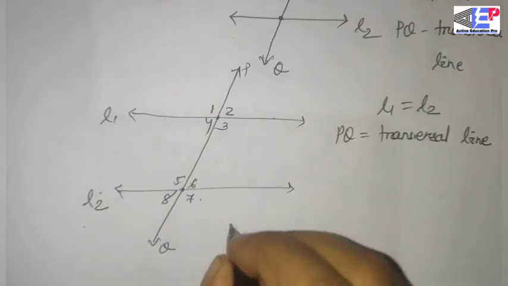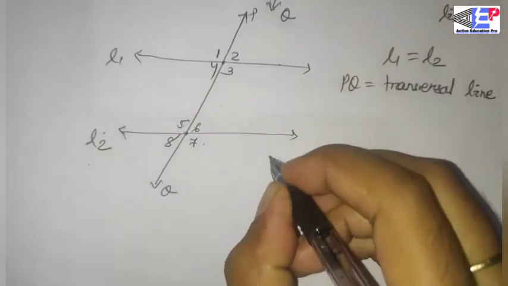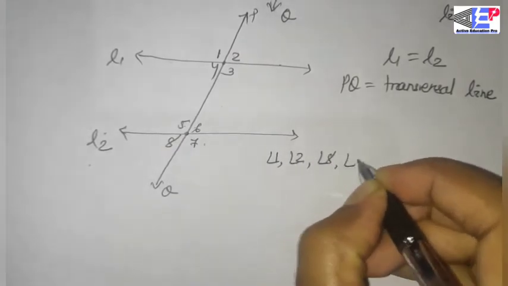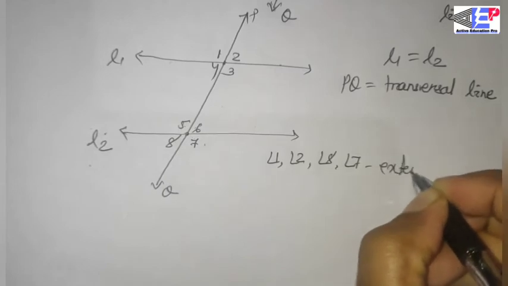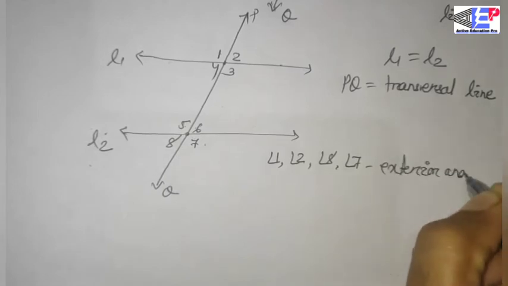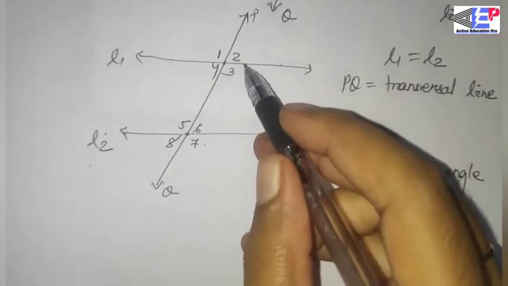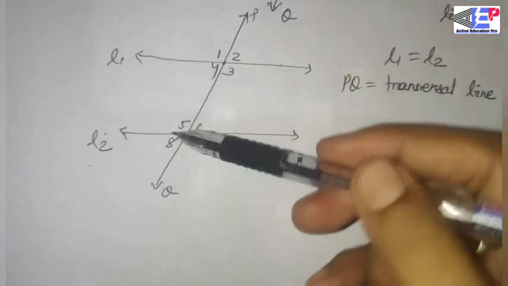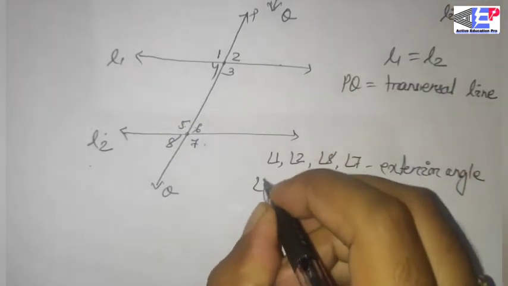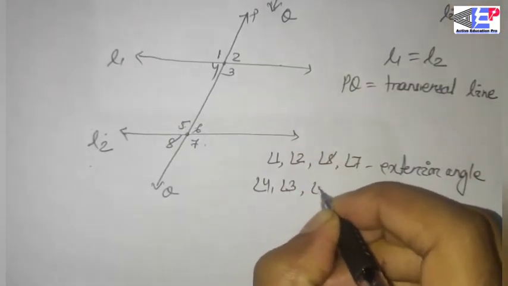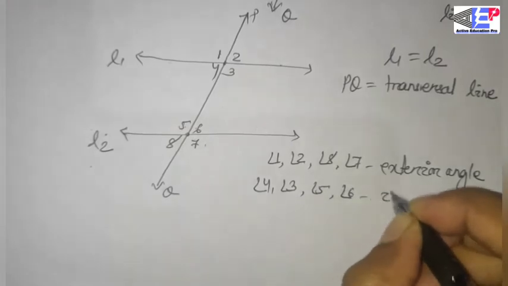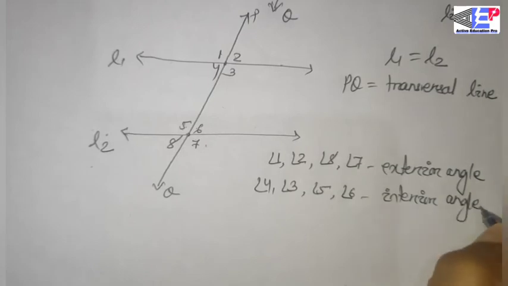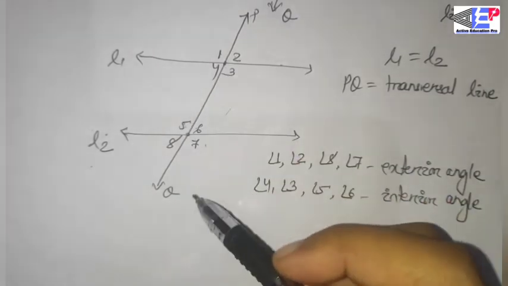They are present at the exterior part of these parallel lines. Similarly 4, 3, 5, 6 are the interior angles. They are present in the interior part of these parallel lines.